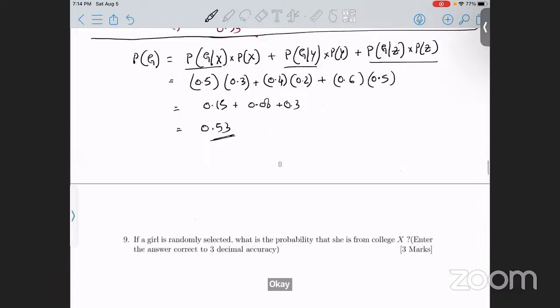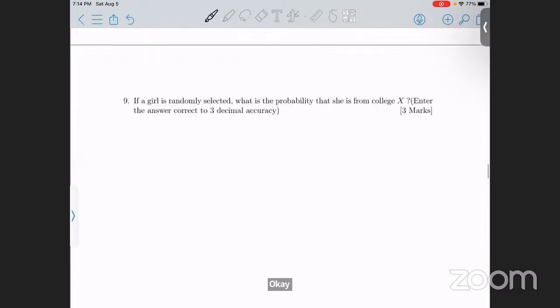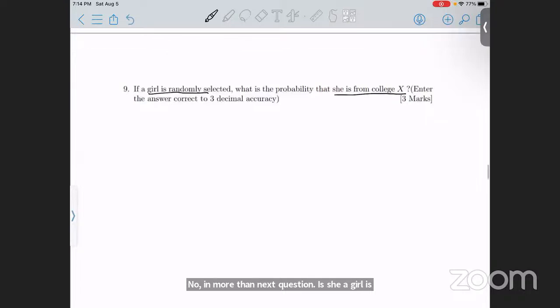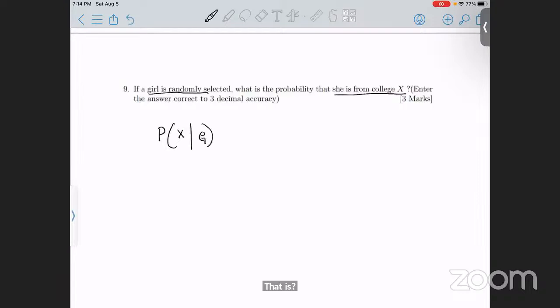Now we'll move on to the next question. If a girl is randomly selected, what is the probability she is from college X? That means P of X when a girl is selected. Are you following this? P of X given that G is a girl.